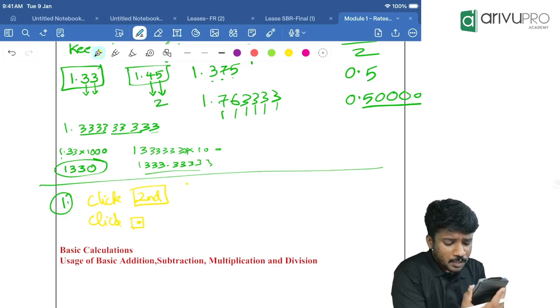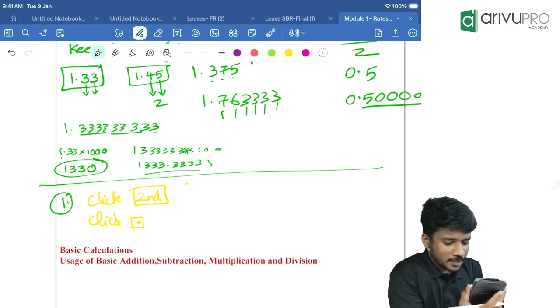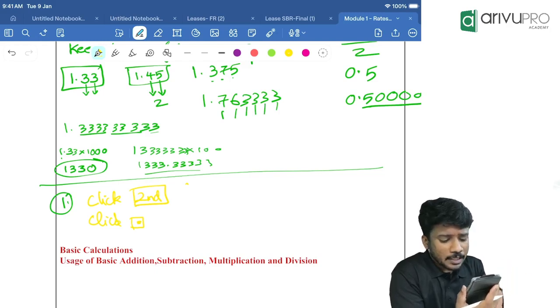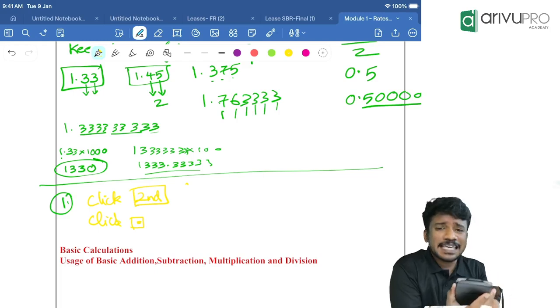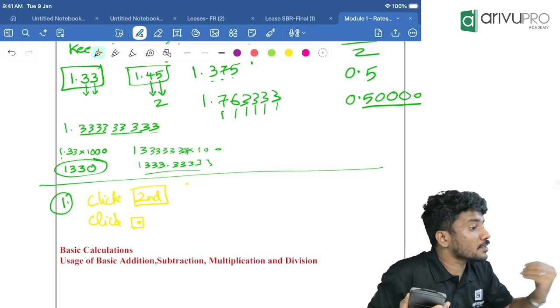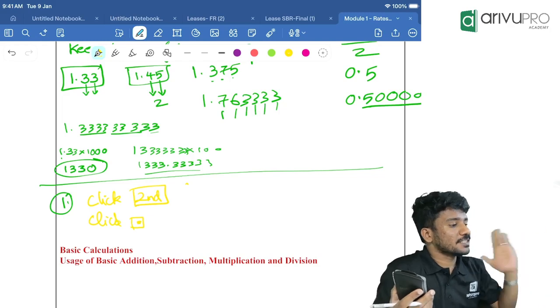For example, on top of key number 3, profit is written. On top of key number 4, DPR is written. On top of key number 7, data is written. Then on top of the point key, format is written. What does that mean? We are going to format the decimal values.